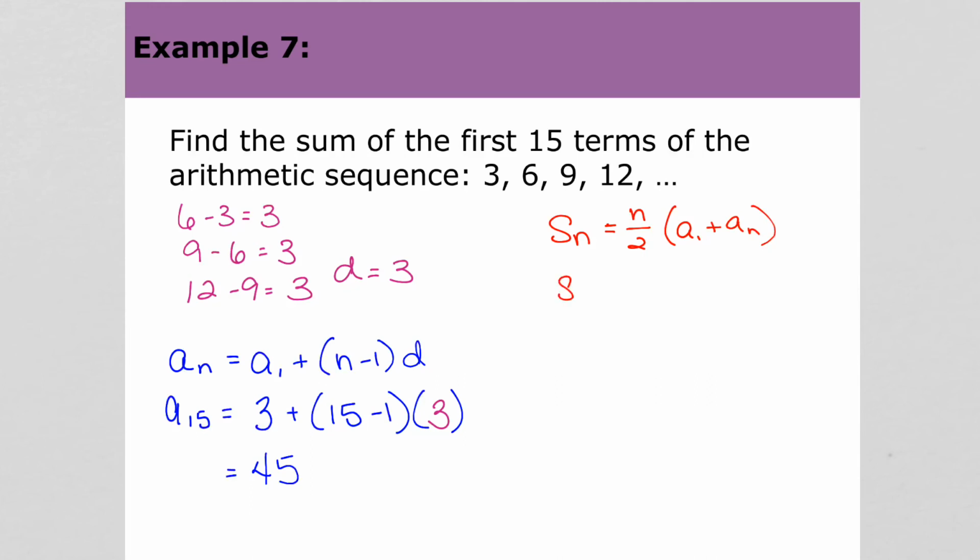We want S sub 15 because we're looking for the first 15 terms, so 15 goes on top. a sub 1 was 3, and a sub 15 was 45. So you'll have 3 plus 45 is 48. Multiply that by 15 over 2, and you get 360. So the sum of the first 15 terms is 360.